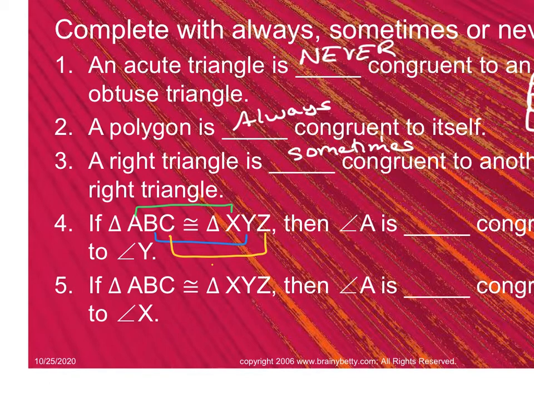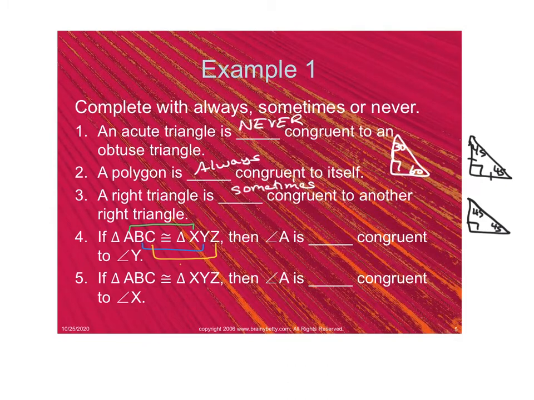At first glance, you're going to think, well, A is supposed to always match with X, but what if we had an isosceles triangle? So for example, here, let's say this one was ABC, and then this one is XYZ. In this case, A is going to be congruent to X, and it's going to be congruent to Y. So this would be the case when it's sometimes, or it could be totally different. So this answer is sometimes, and the sometimes is when it's an isosceles.